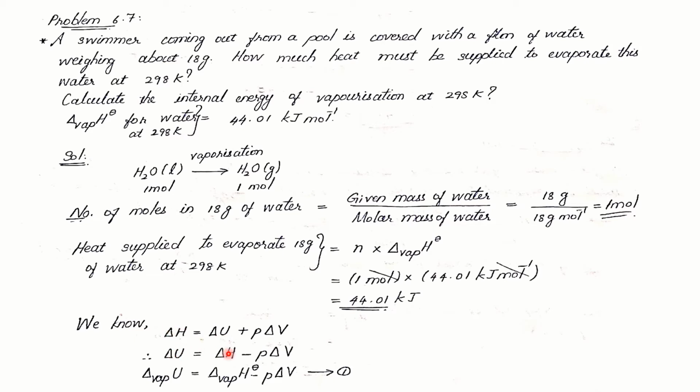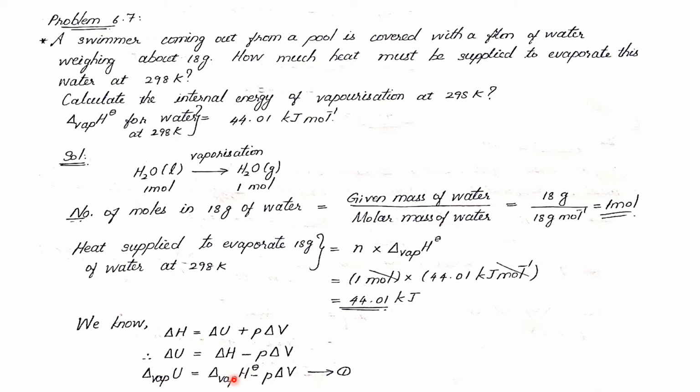On doing that, the equation changes to delta U equal to delta H minus P delta V. Here P is the constant atmospheric pressure and delta V is the change in volume. Since we are going to calculate the internal energy of vaporization, we would write these terms as delta U of vaporization equal to standard enthalpy of vaporization minus P delta V.